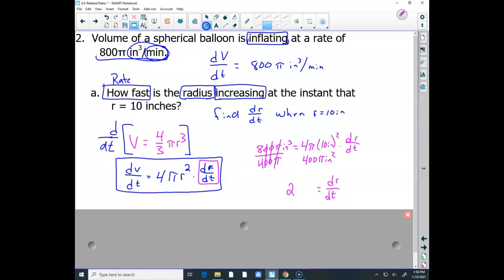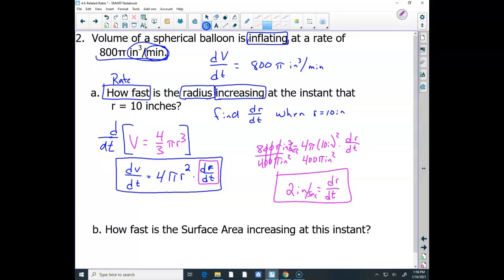This is going to be in inches squared, so inches squared are going to divide out, giving inches per second, right? That's really pretty neat, because this is inches cubed per second. I forgot to put my per second up there.